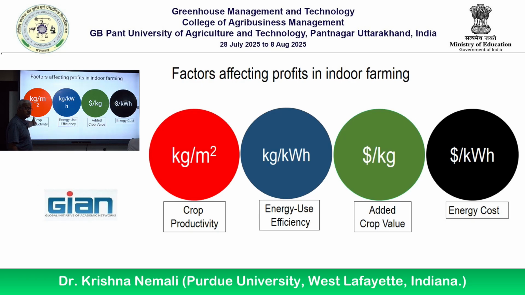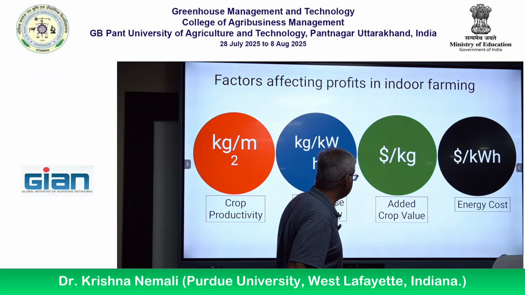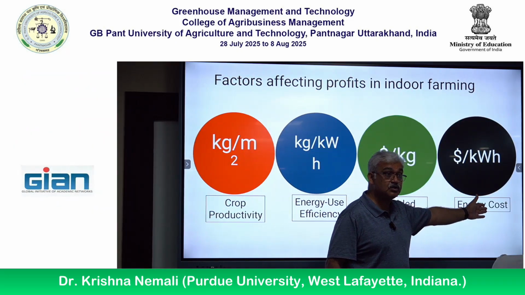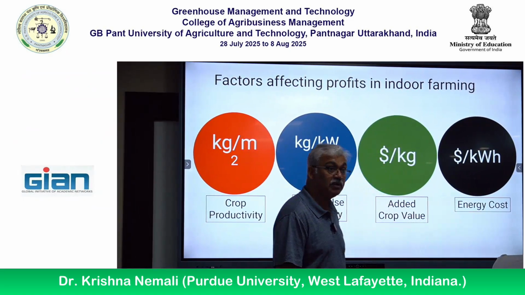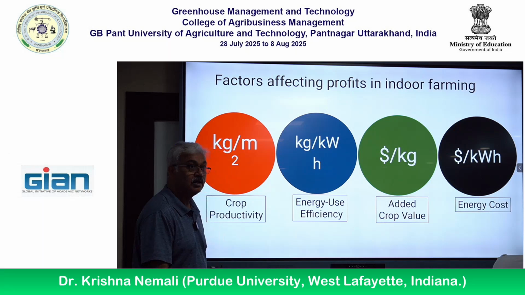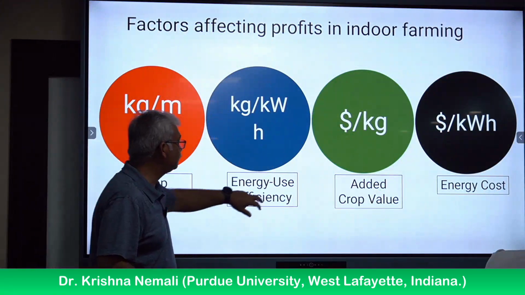They are either increasing productivity, or working on energy use efficiency. In my lab, we do research on almost all of these three. The energy cost is beyond us. It is more with the government, the engineers, the solar panel developers, things like that. But these are the 4 factors. This is where the active research is happening in the Western world. Okay.